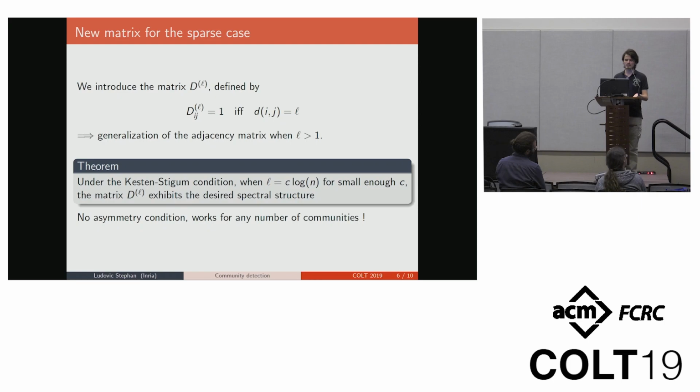And we showed that under the Kesten-Stigum condition, when L is taken to be growing with log n, with a small constant times log n, then the matrix D_L exhibits the required spectral structure that we described previously. And this is under absolutely no condition other than the Kesten-Stigum threshold. So it works under any number of communities and under any form for W.